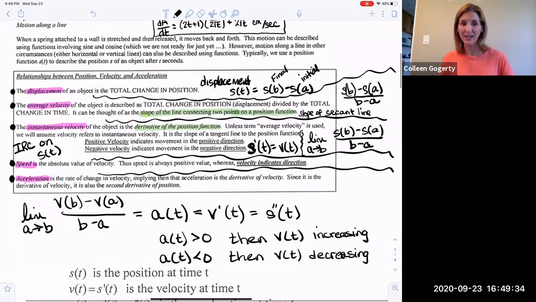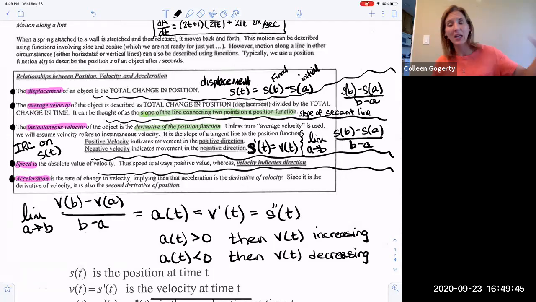So then what's speed? Because speed is really similar to velocity, okay? Speed is the absolute value of velocity. So if I say that I'm moving 30 feet per second down, then my speed is 30 feet per second. If I say my velocity is 30 feet per second up, then the speed is 30 feet per second, okay?